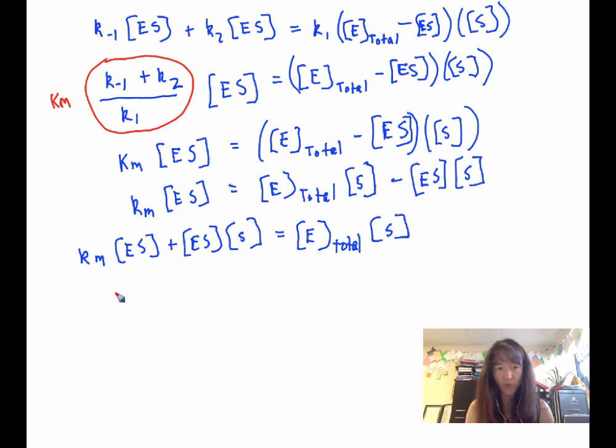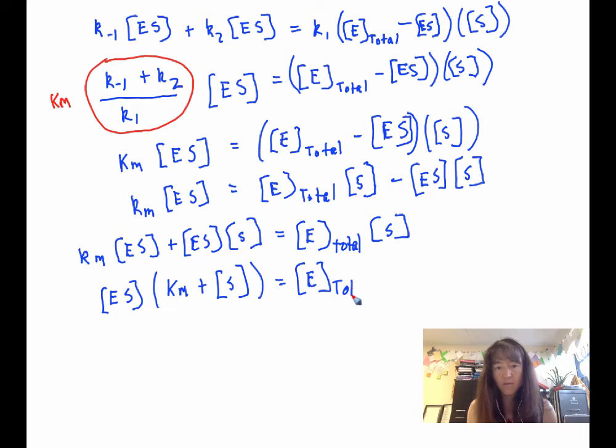So we could actually pull that out. Concentration of enzyme substrate. And then that leaves us with Km plus the concentration of substrate equals E total, being able to simplify a bit here, times substrate concentration.